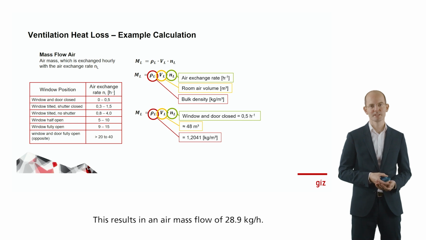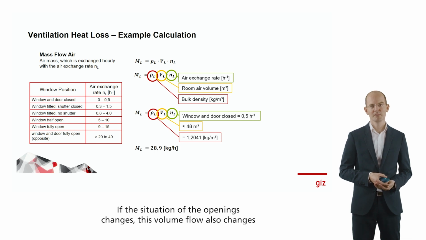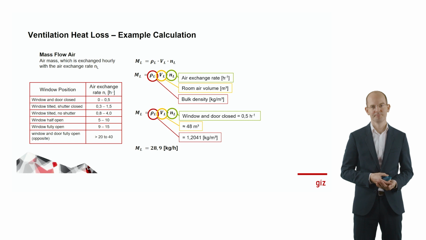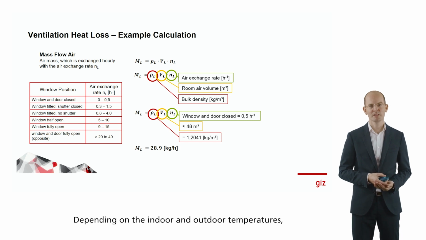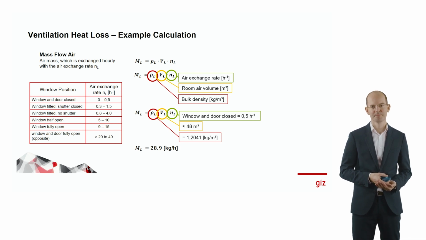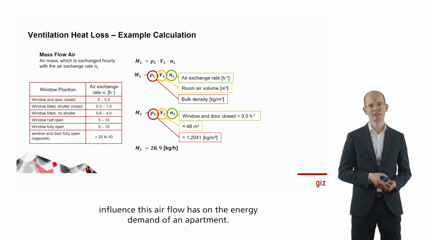This results in an air mass flow of 28.9 kilograms per hour. If the situation of the openings changes, this volume flow also changes, and the calculation must be carried out again. Depending on the indoor and outdoor temperatures, this figure is the basis for the energy transported by the airflow. Let us now consider what influence this airflow has on the energy demand of an apartment.